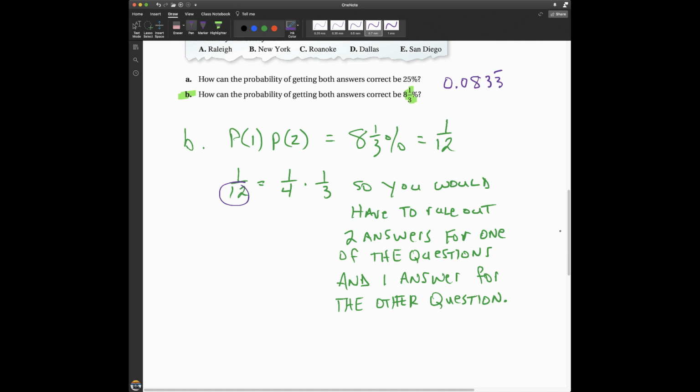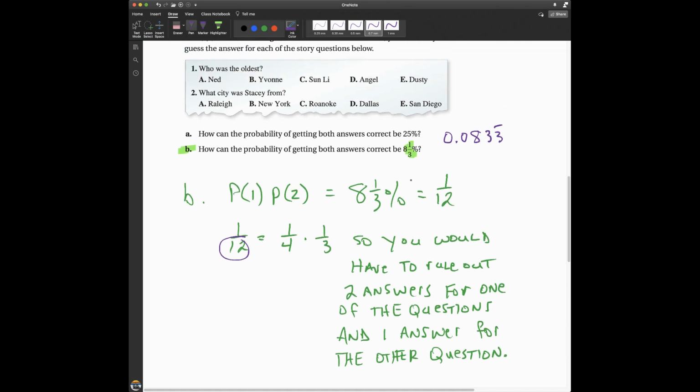Remember, there's 5 choices for each problem. So I have to eliminate some of those choices. The only way to get 12 in that denominator is if I eliminate one choice from one of the questions and then guess, and then eliminate 2 choices from the second question and then guess. That's the only way I can get to 1/12.